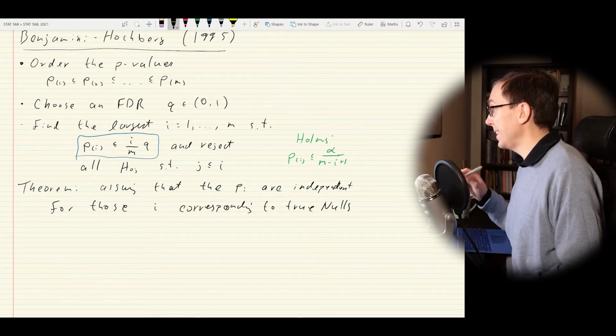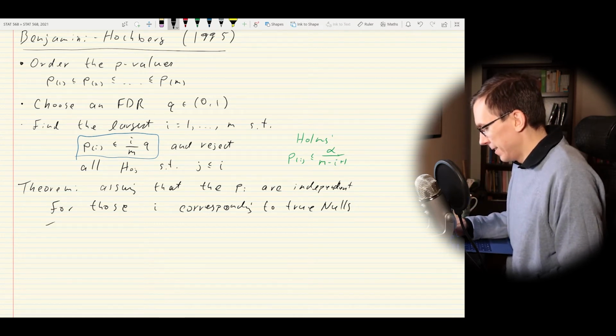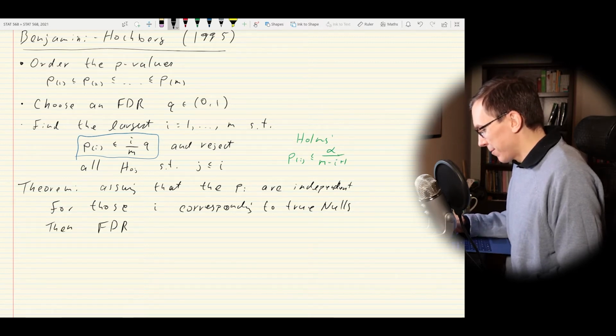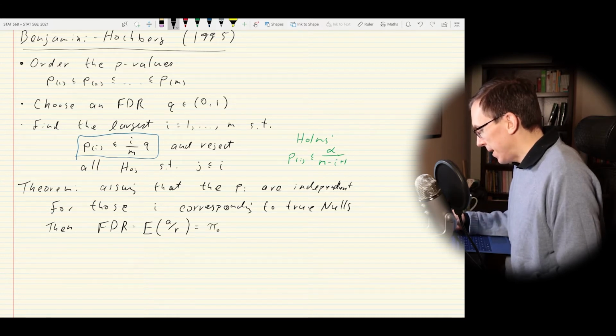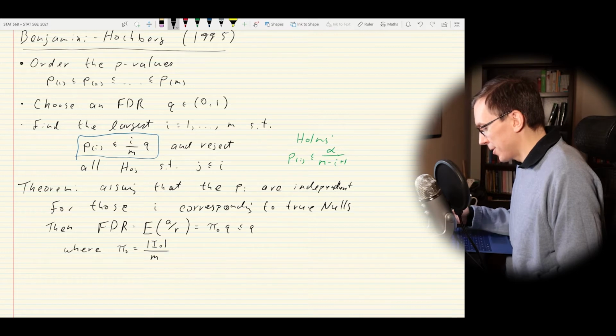Regardless, given that we have that independence condition, the claim is that the false discovery rate, which is equal to the expected value of A divided by R, as noted above in that table, is going to equal pi naught times Q, which is less than or equal to Q, because pi naught is the number of true nulls divided by the total.